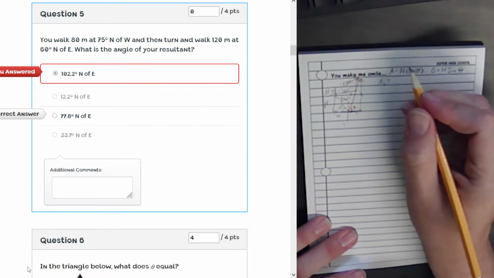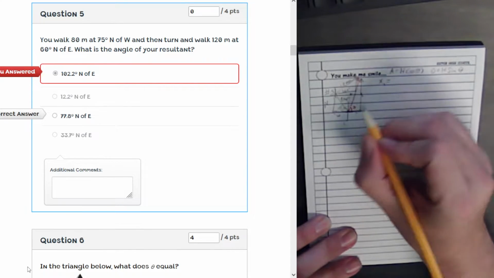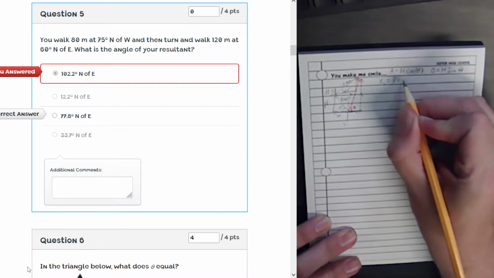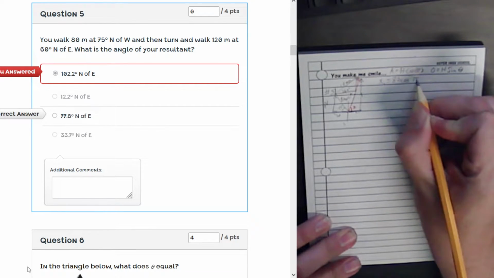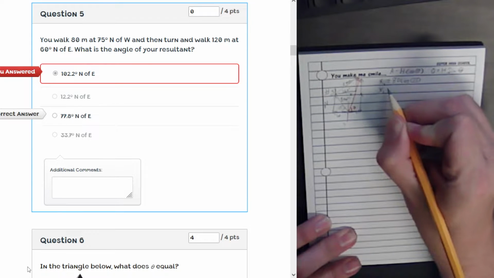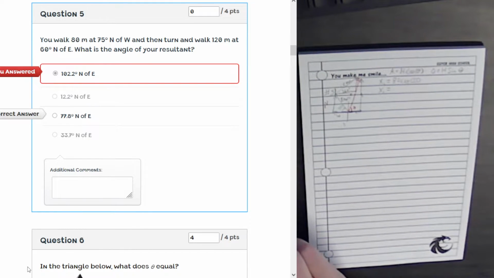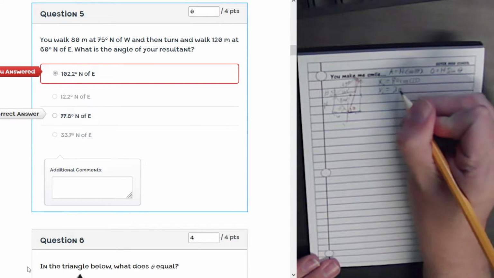To find the x component of this guy right here, we're going to do 80 times the cosine of 75, and we'll get a number. So about 20.7.